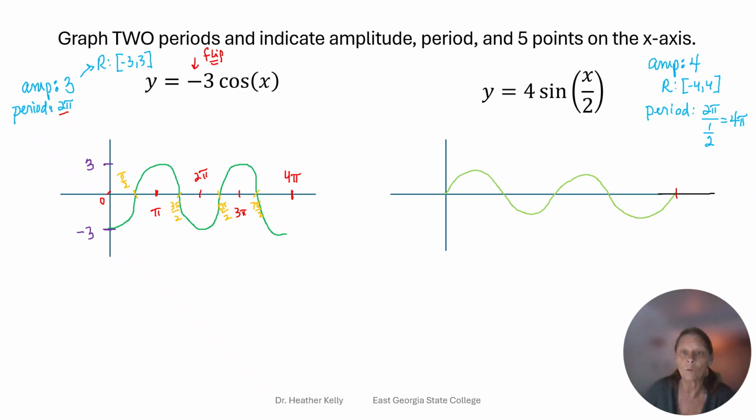So 4 pi for 1 period, this will be 8 pi. So that means whether it looks like it or not, this is 4 pi. That means between 0 and 4 pi, this is 2 pi. Between 4 pi and 8 pi, this is 6 pi. Now notice what has happened to the x-intercepts.